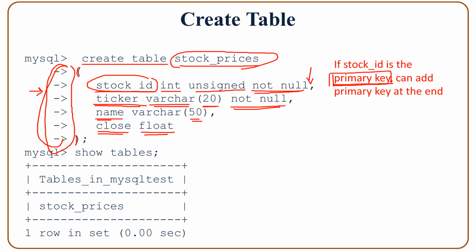When you finish this, it creates a table for you, namely stock prices, and then you type in show tables. Show tables shows all the tables in the current selected database. It shows you just one table, because that is a new database and you just created one table, and that is stock prices.